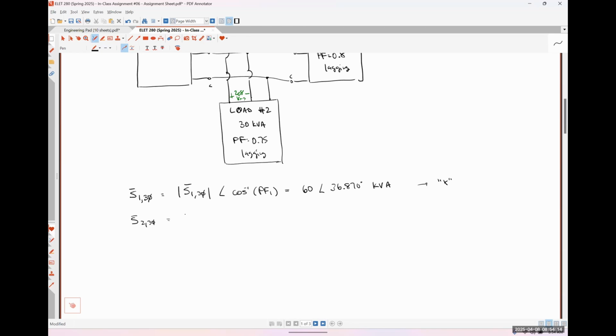Yep, 100% correct. 30 angle 41.4096, so 41.410 degrees kilovolt ampere, and I'm going to store this as Y.